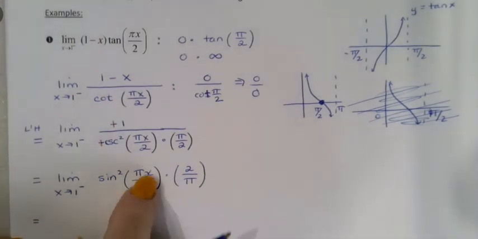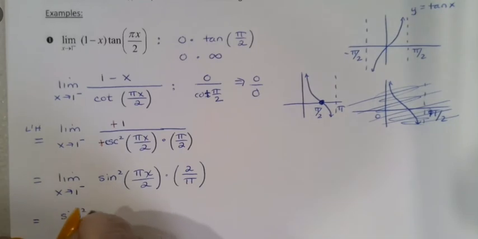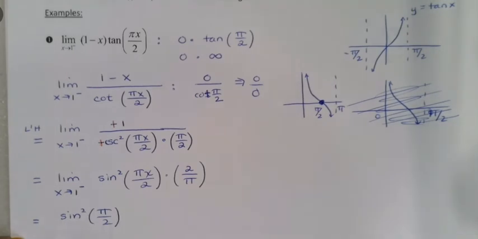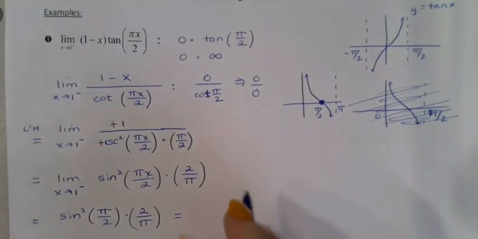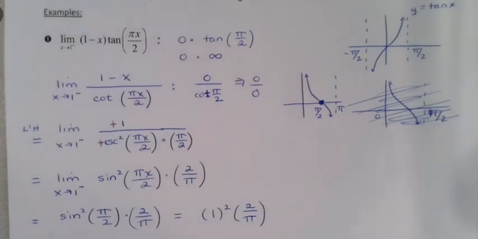If I plug in the 1, I'd have sine squared of pi over 2, since x is 1, times 2 over pi. The sine of pi over 2 is 1, so that's 1 squared times 2 over pi.